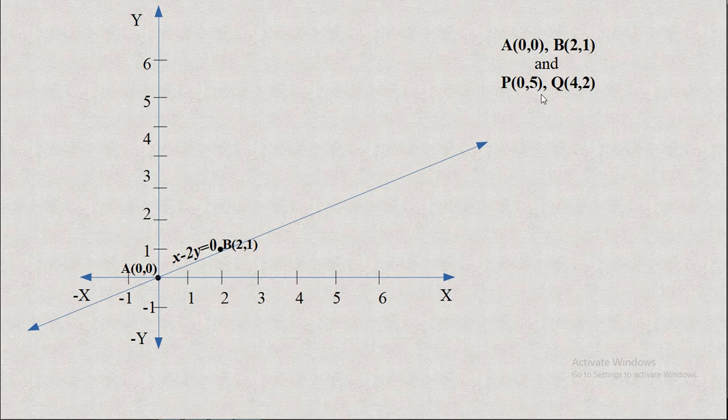Okay, next we are taking the point 0, 5, that is x equal to 0 and y equal to 5. So the point is here. And the next point is when x equal to 4 and y equal to 2.